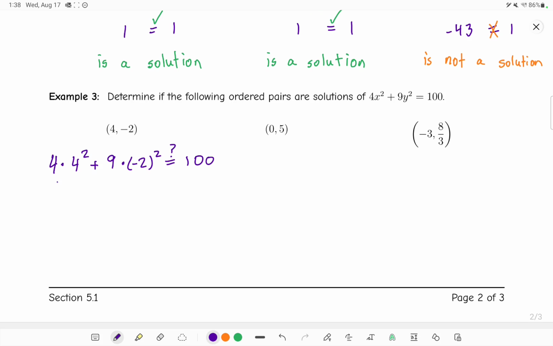Well, 4 squared is 16, so we get 4 times 16 plus 9 times negative 2 squared, which is 4. 4 times 16 is 64. 9 times 4 is 36. 64 plus 36 is 100. So this one checks out. So this is a solution.